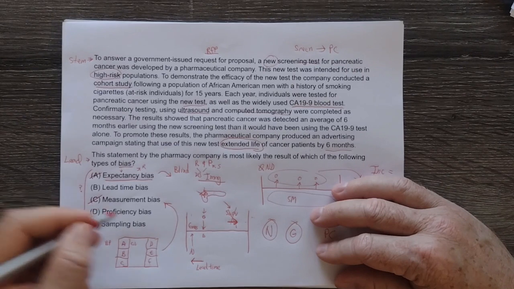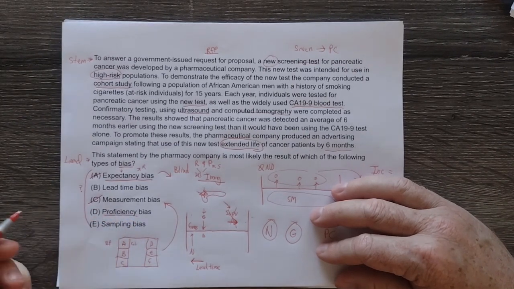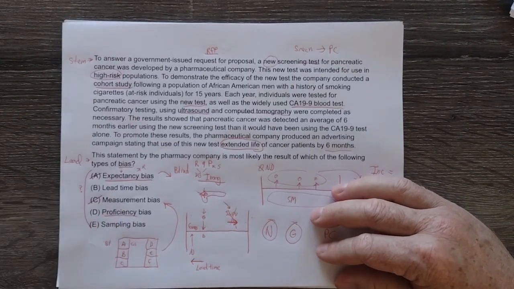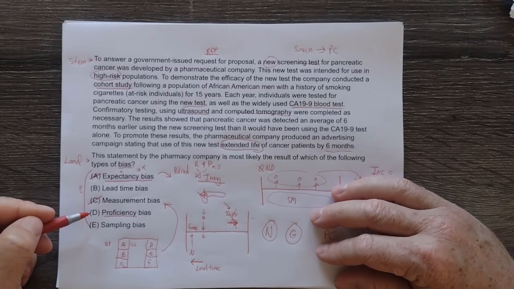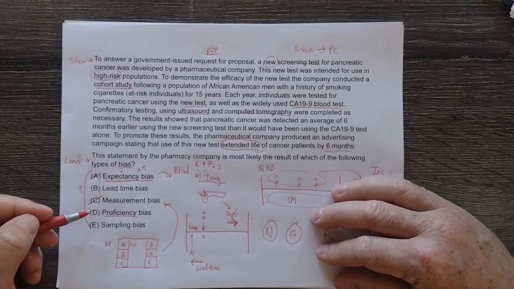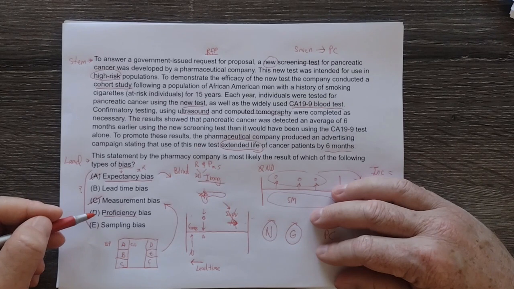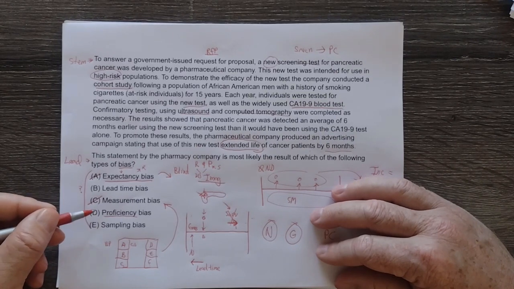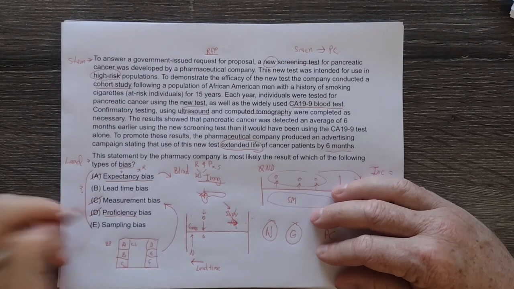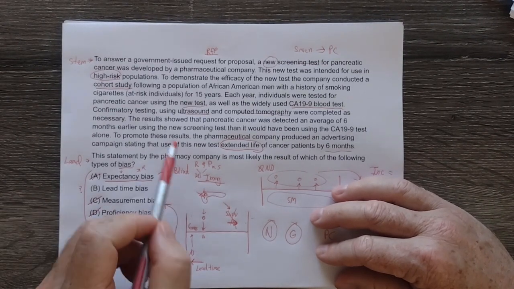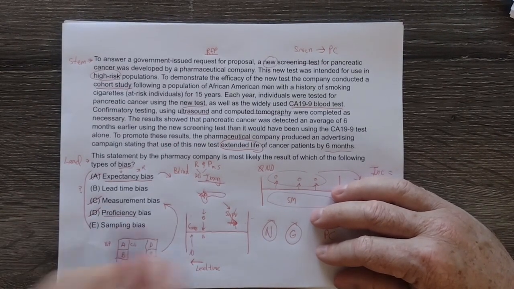You might have a proficiency issue in how you extract blood or conduct a test. So this has to do with the people that are doing the tests or the people that are a part of the study themselves. So proficiency bias does not relate to what we are talking about here.